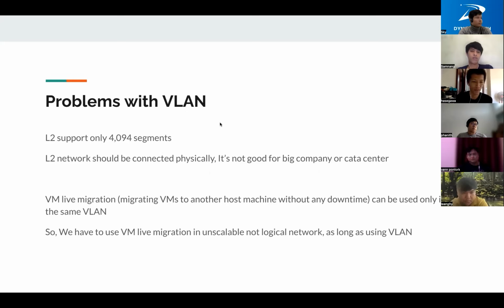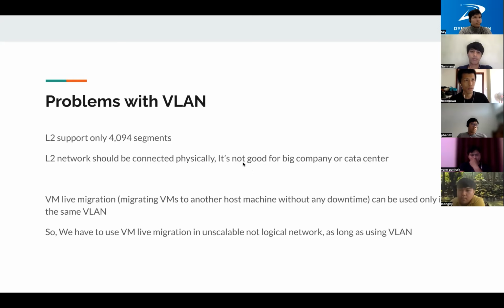And this is our point. We'd like VM live migration. VM live migration is migrating a virtual machine to another host machine without any downtime. We'd like to do VM live migration sometimes to another data center or another server rack.